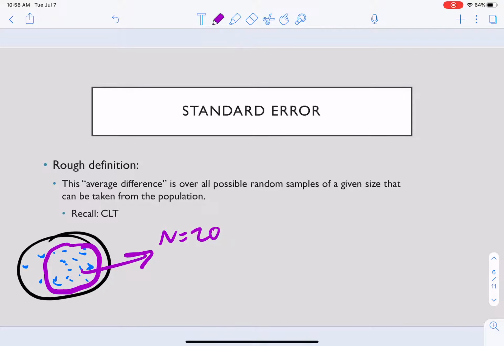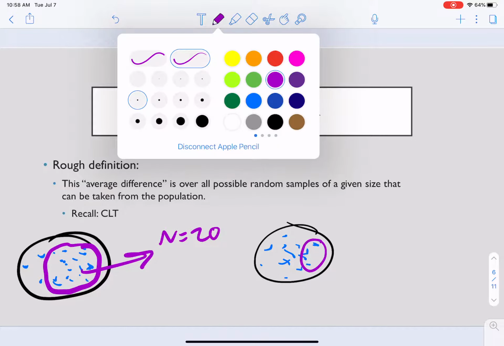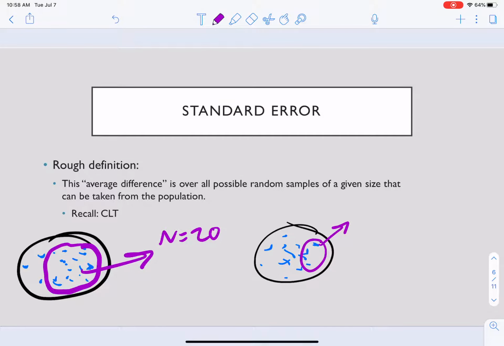Whereas if we did it again, I'll draw the whole thing again. Blueberries. And then we grab maybe these 4 or something, just sort of guessing. I'll say n equals 5 to make everything nice. The standard error here, we've gotten closer to the overall population here than we have here.